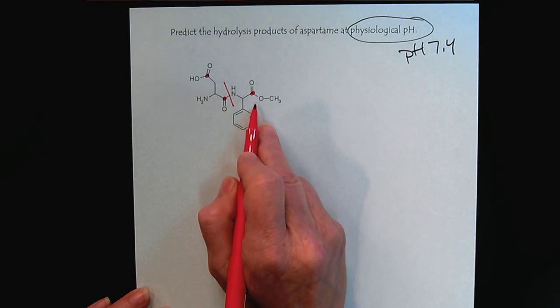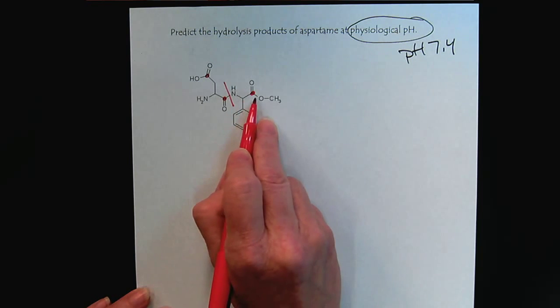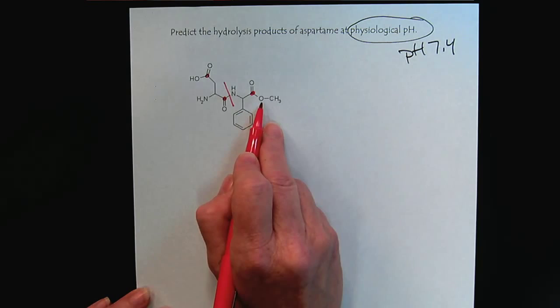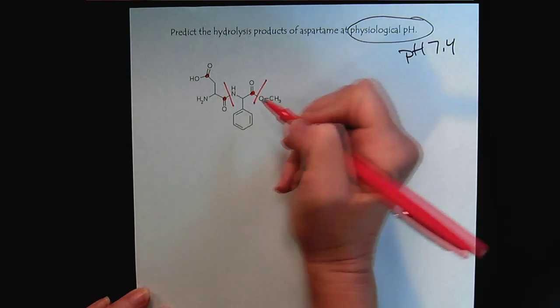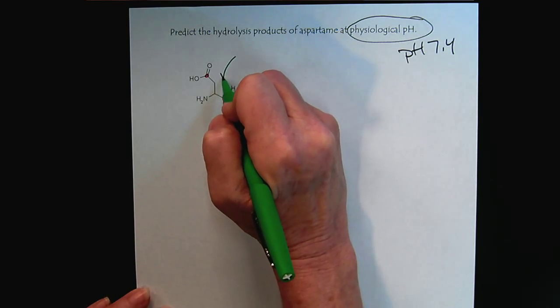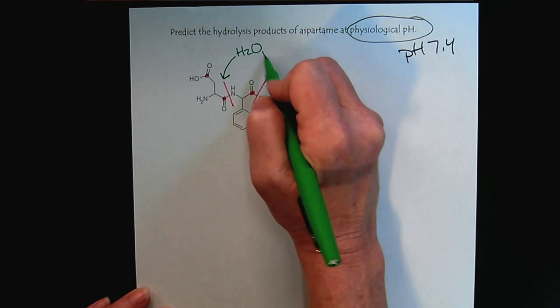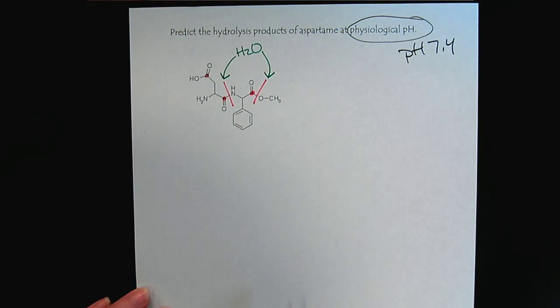And we see we have an ester. Once again, will hydrolysis occur on the left or the right? We look for the heteroatom, and we know the hydrolysis will occur here. So water will be coming in to rip apart this molecule in these two locations.